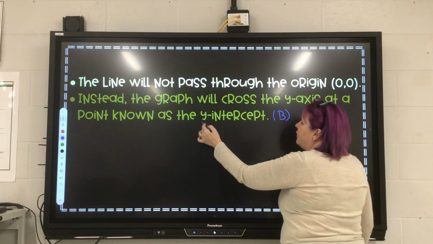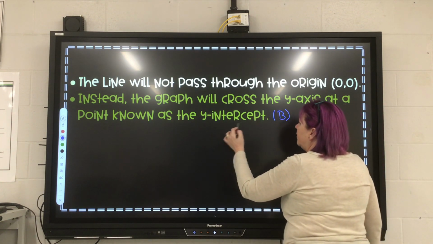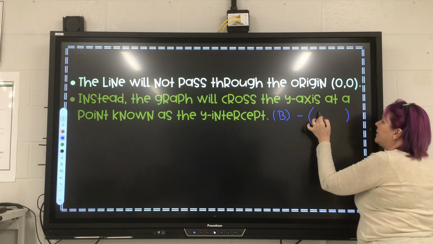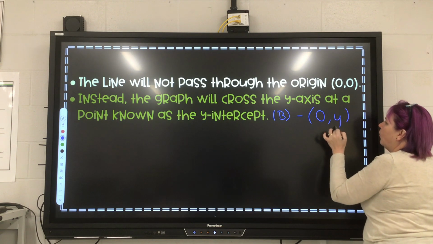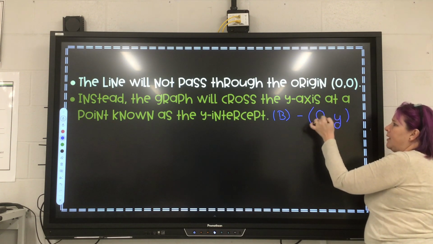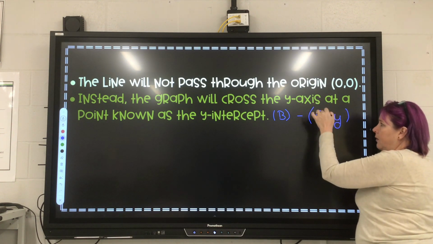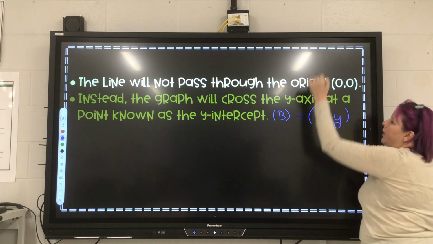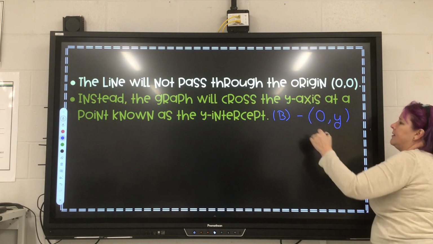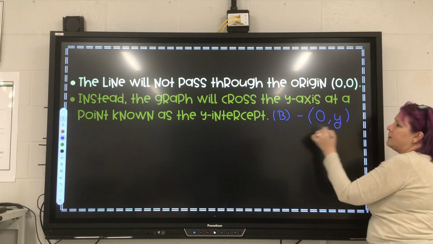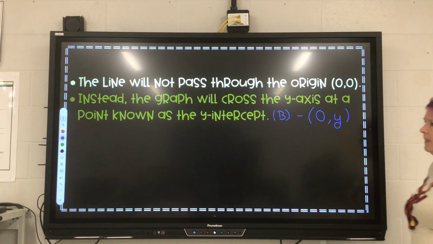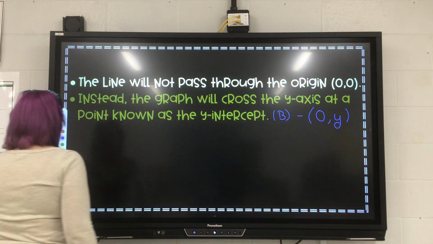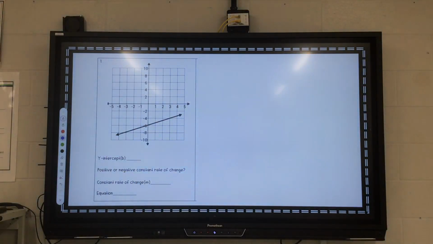And if you remember, our y-intercept is at a point (0, y). It's going to be on the 0 for the x, and it'll be somewhere on that y-axis that it crosses. That's my y-intercept. Those are going to be really important now that we're doing graphs.